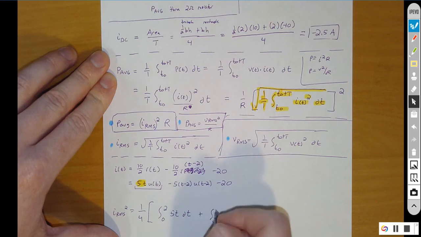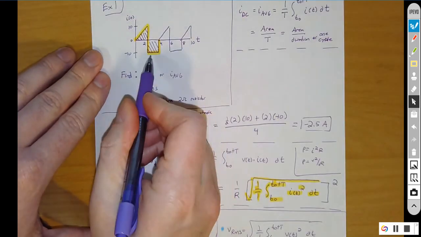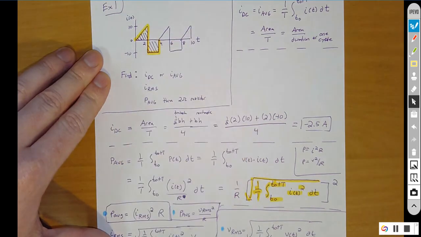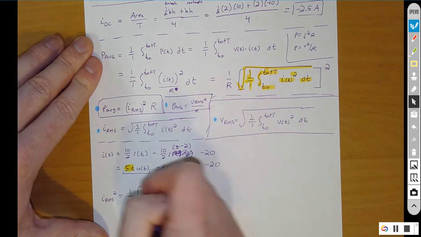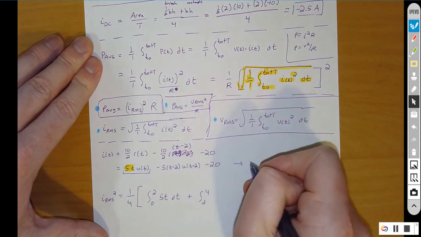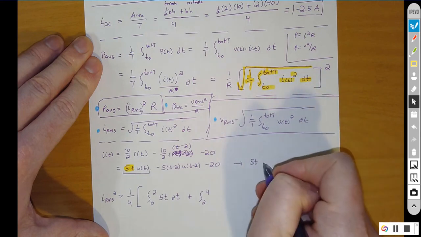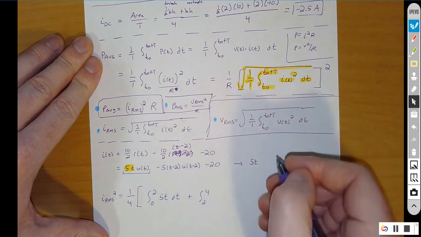And then from 2 to 4, you could just look at it and say, oh, it's just negative 10. But if you ever get a slope over here and you want to calculate it, you can convert this thing. If I convert this entire thing, I will have a 5t. So remember, all of this is on at this point for that second piece.